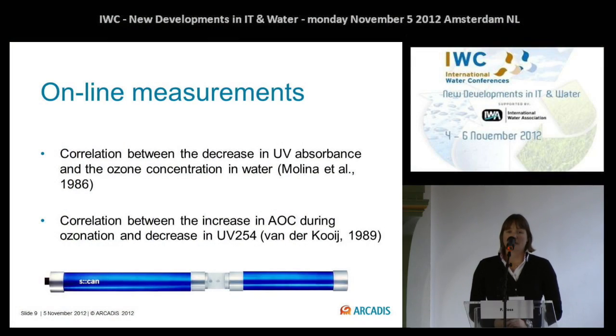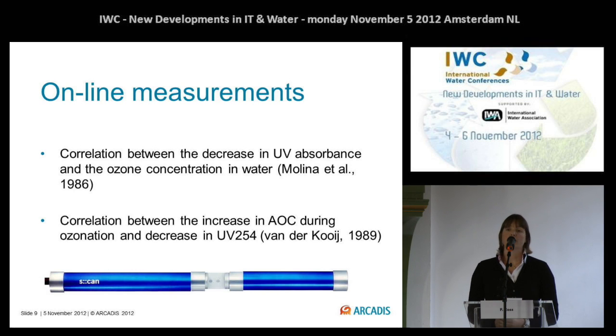So if we look at the availability of online measurements, we see already that a lot of research has been done on the UV decrease and the ozone concentration in water. And next to that, that's for determining the ozone concentration and thus the CT value.